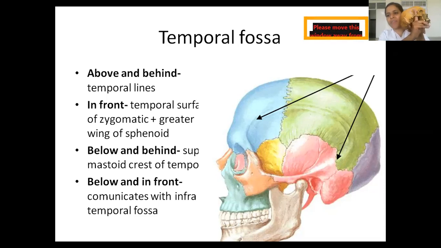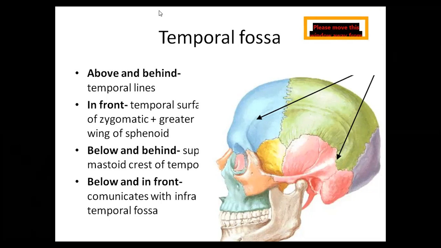You can see how I have passed my finger, showing the temporal fossa is above the zygomatic arch and the infratemporal fossa is below. Below and also in front, it is in communication with the infratemporal fossa. So that is what you should know.